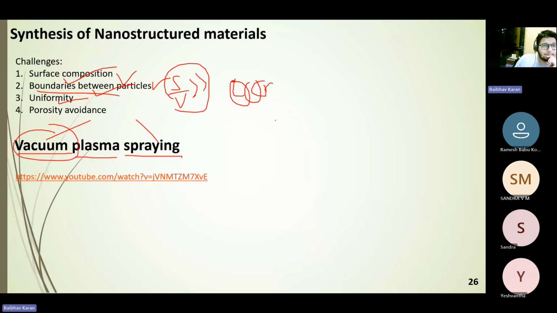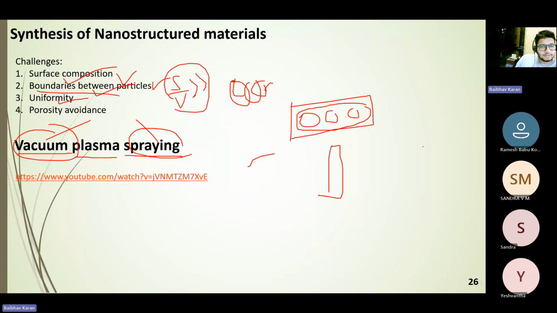Vacuum means there is a box in which there is nothing. There is no air or anything in this box. That is known as a vacuum. And spraying means we have a substrate, and we are using a sprayer to spray material on this substrate. That is known as spraying.